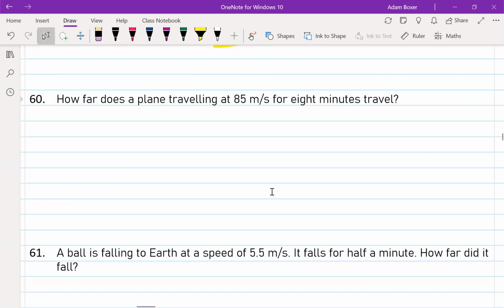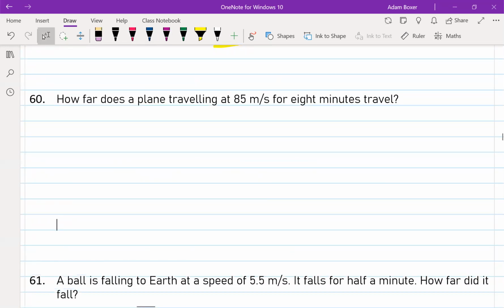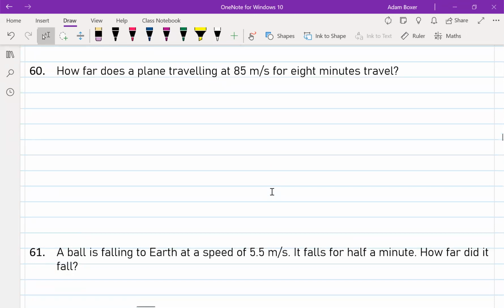Right, we're now up to a plane. How far is the plane traveling at 85 meters per second for 8 minutes? So here we go, D, E, S, C, U. So we've got a speed. And we've got T equals 8 minutes. Now we know that we can't leave it like that.